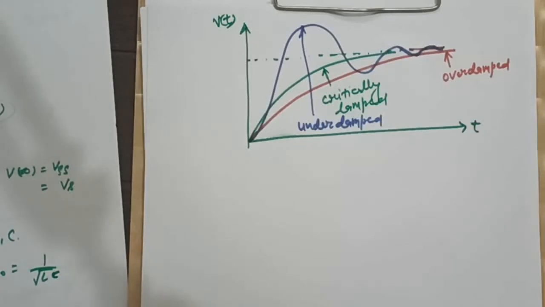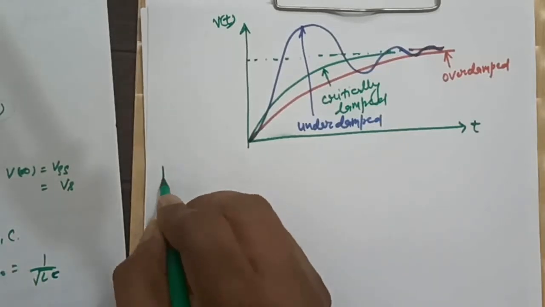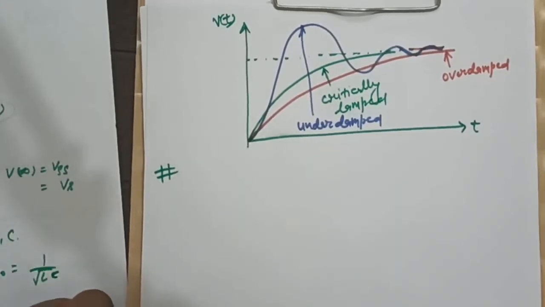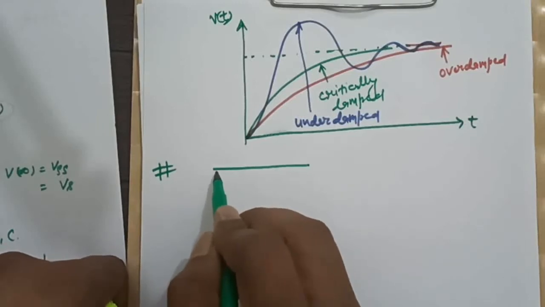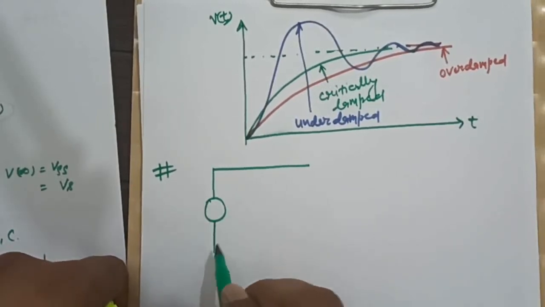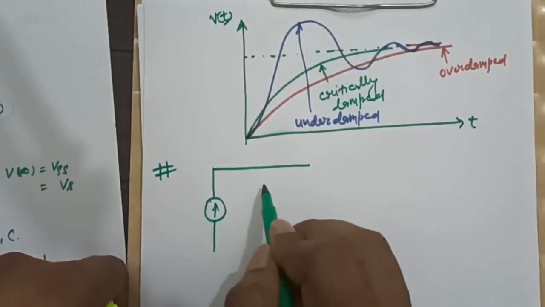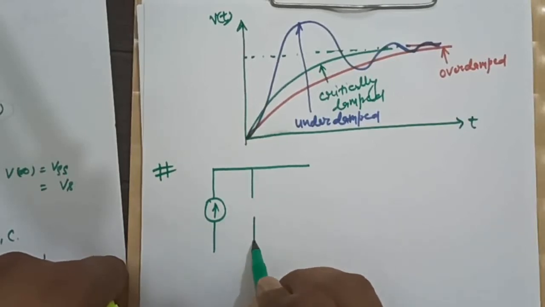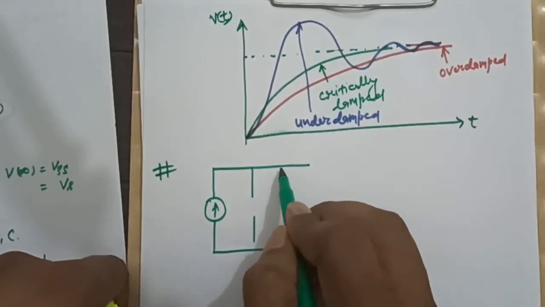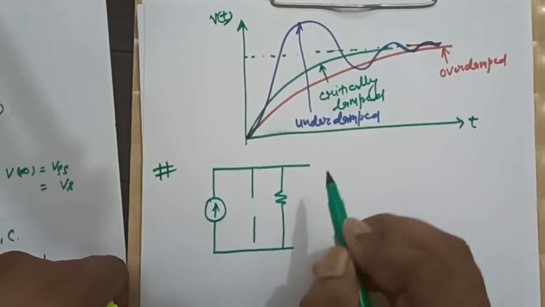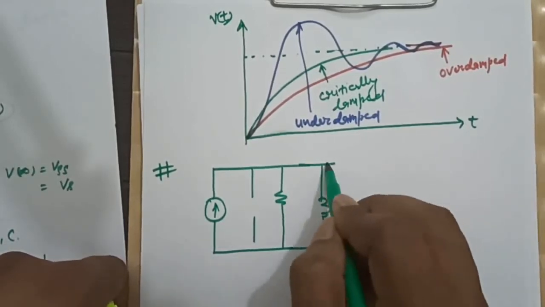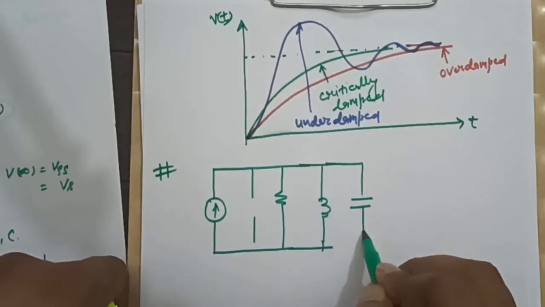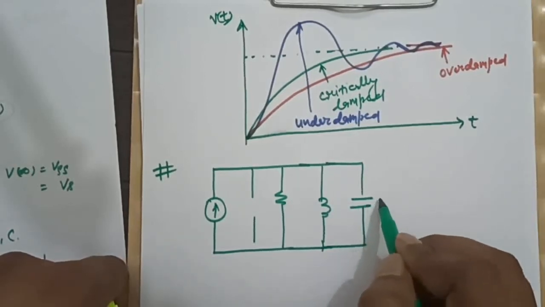Okay. Now we'll see the parallel RLC circuit. Consider this circuit: a current source, a switch, a resistor, an inductor, and a capacitor.